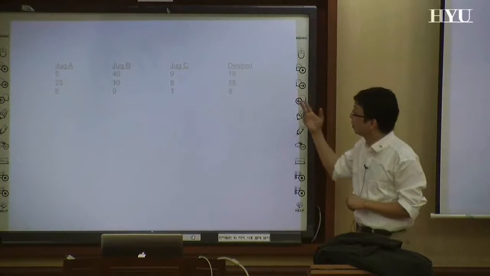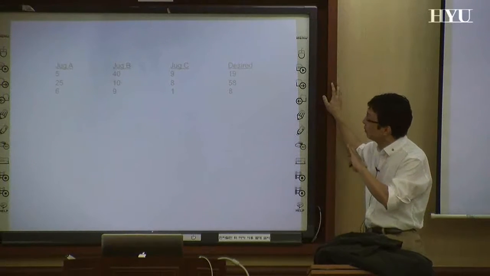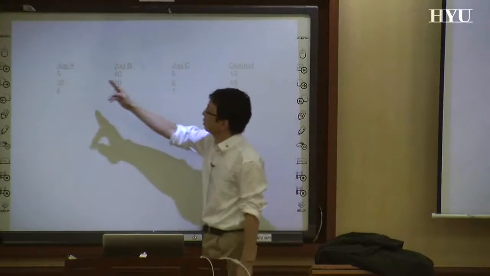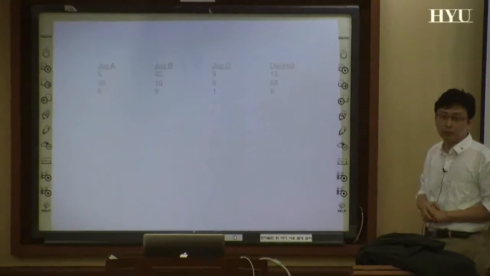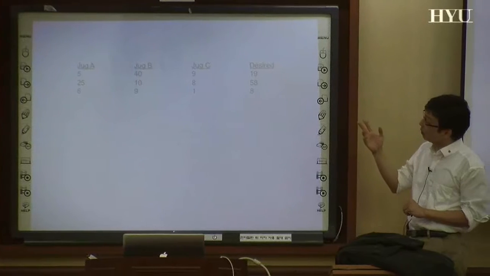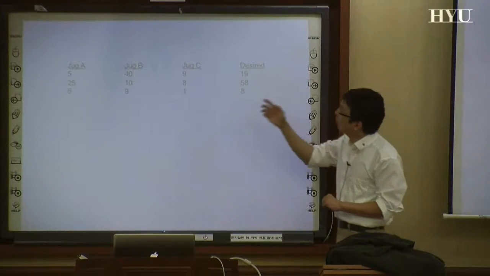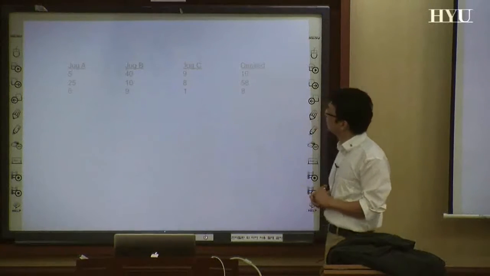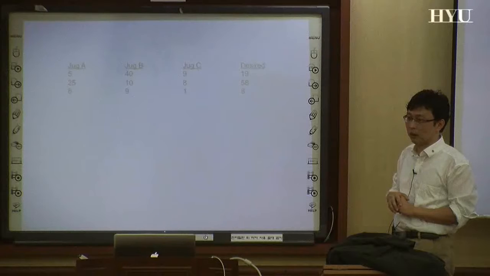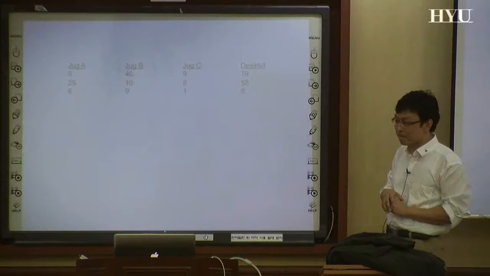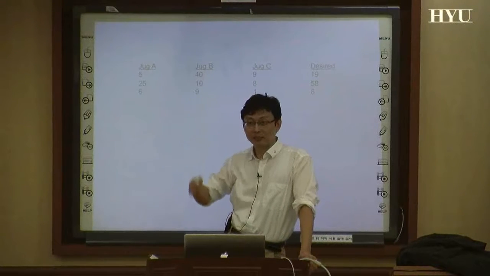Second, how to make 58? Okay, we can use 2 jug A and 1 jug C. Third, sorry, 1 jug A and twice jug C. Okay, so you learn it?